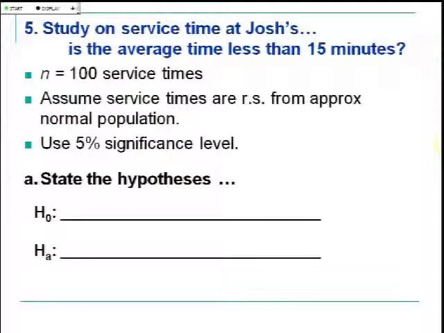Another restaurant owner is studying service times for his customers to establish whether or not he can say that the average time for being served here is less than 15 minutes. He'd like to be able to promote that. So they go and take 100 customers and measure their service times, how long it took between when they placed the order and when they got their food.